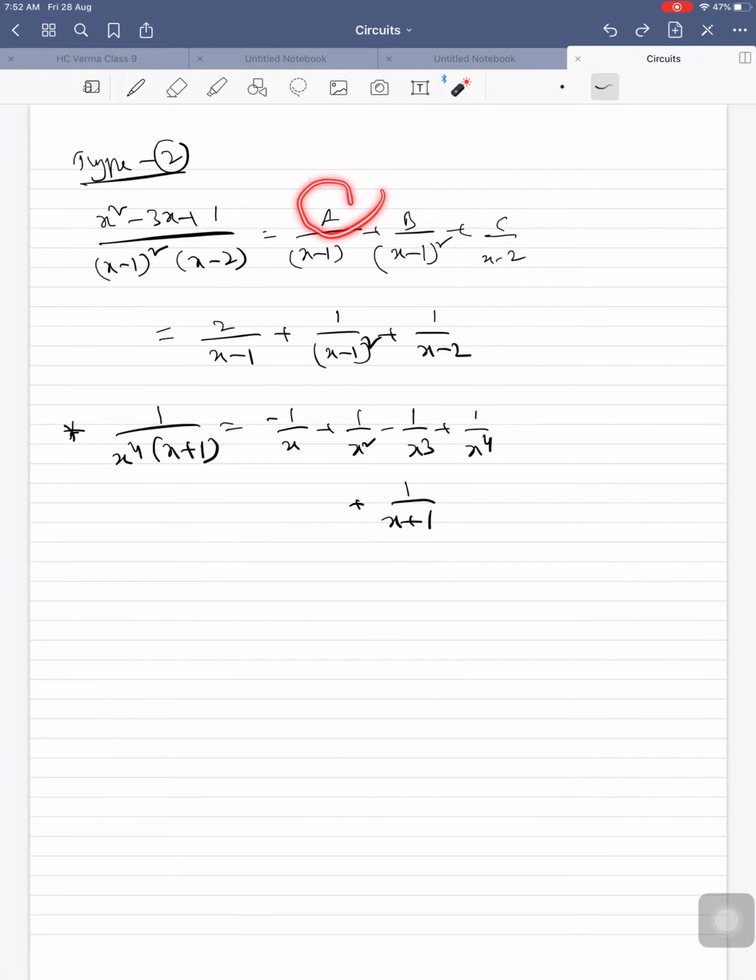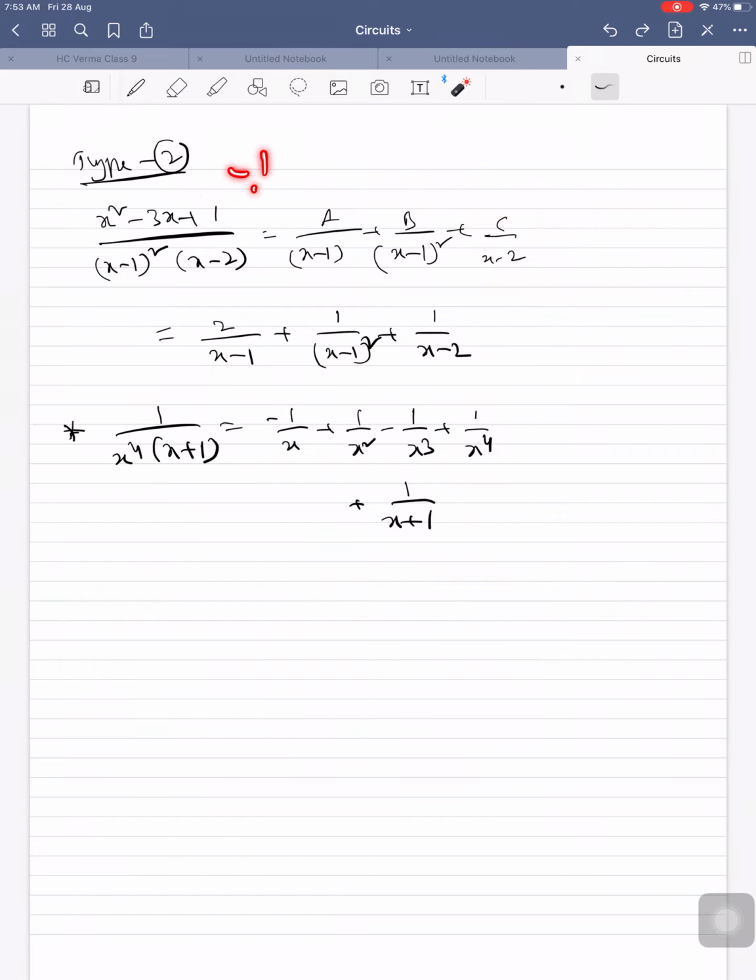What about a? Let's put x equal to 0, problem solved, because you know b and c, so why do you worry about this? If you put x equal to 0, then a minus a plus b minus c, 0 minus 1, 0 minus 2, so minus c by 2 here, b plus minus a.